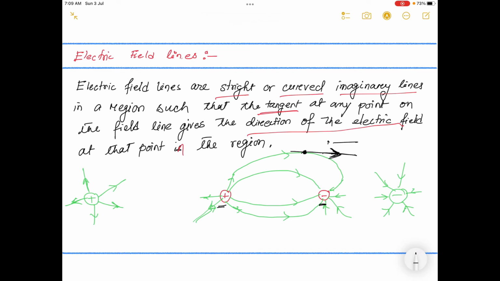At this point, the tangent will give you the direction of the electric field at this particular point. Let us take another point. If you draw the tangent here, this will give you the direction of the electric field at this particular point, right? So that is about electric field lines.